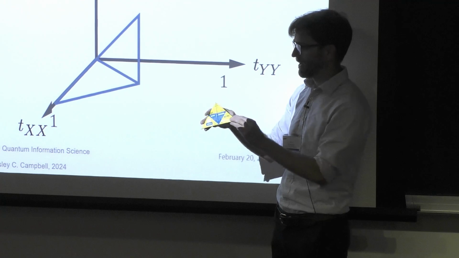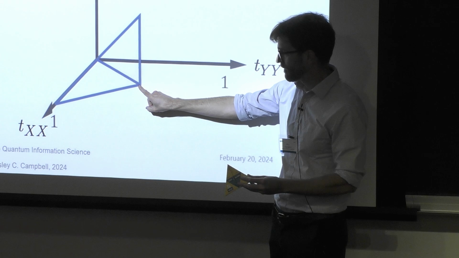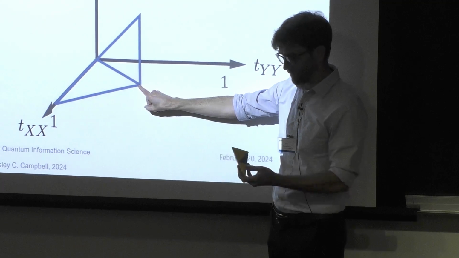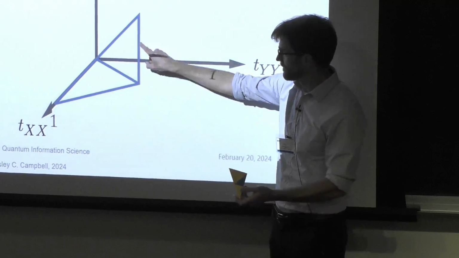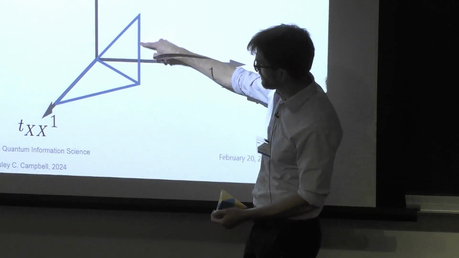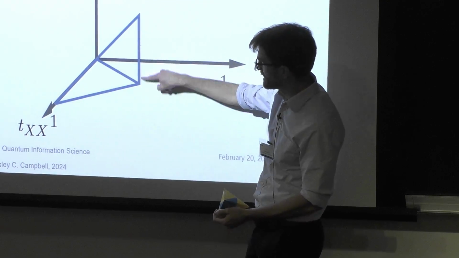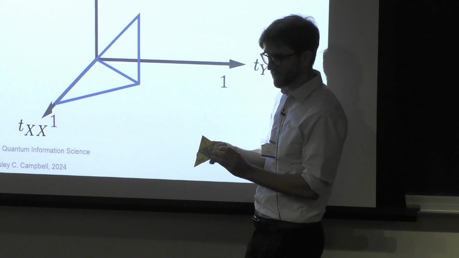Other notable ones, let's see here. ISWAP is on this back corner here. Quantum Fourier transform is kind of up this back edge here. This back edge is XXZ models, so the X and Y coefficients are the same, but the Z coefficient is changing as you walk up there.